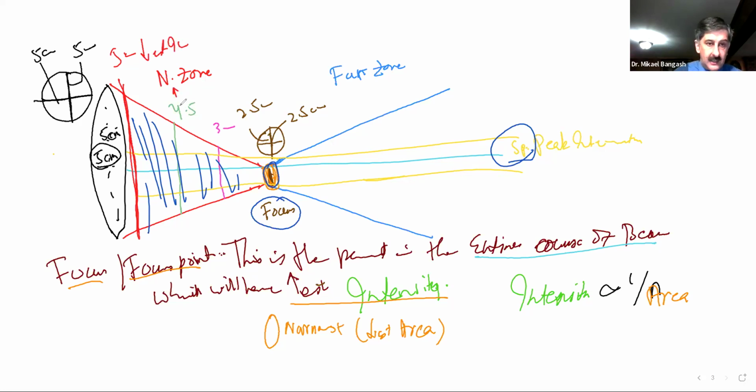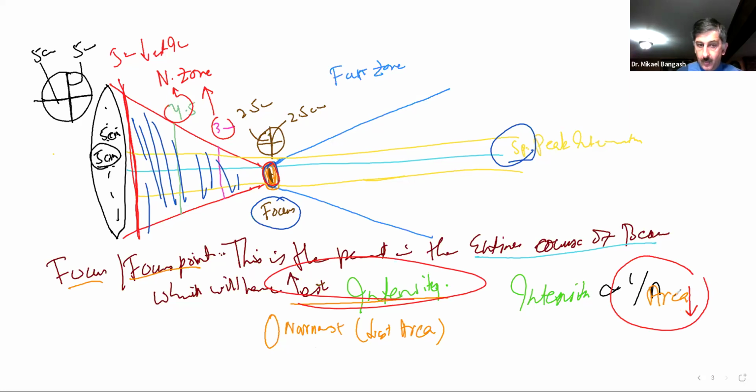It may be slightly greater here, and even greater here, but at the focus, the beam is at its narrowest. That's where we will have the highest intensity, or the max intensity, in the entire course of the beam. Why? Because that is the point where we have the smallest area.